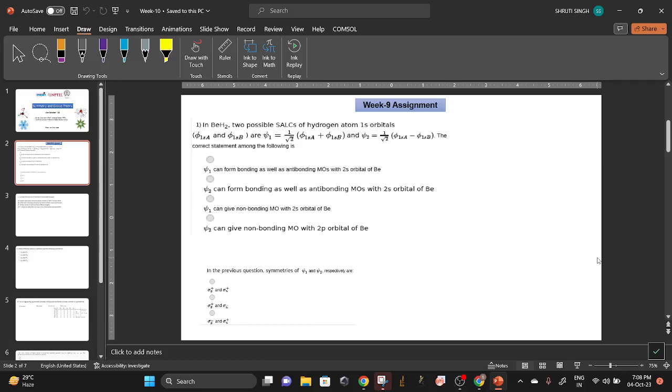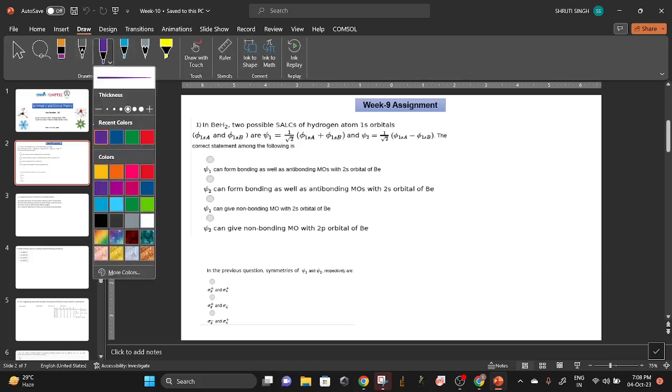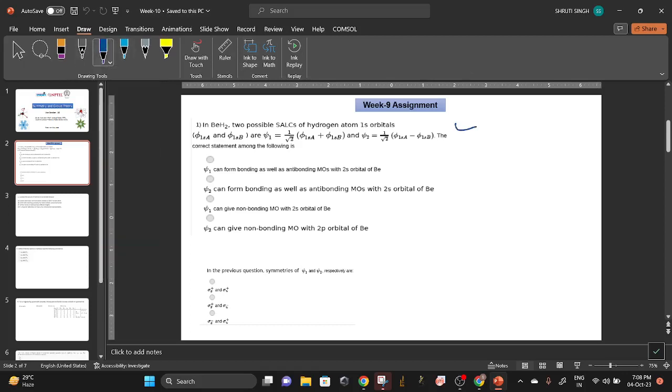So first, psi1s. Psi1s is this, so this is both positive combination, so it is plus and plus. Okay, so this is for hydrogen. Now this is an SALC, symmetry adapted linear combination.